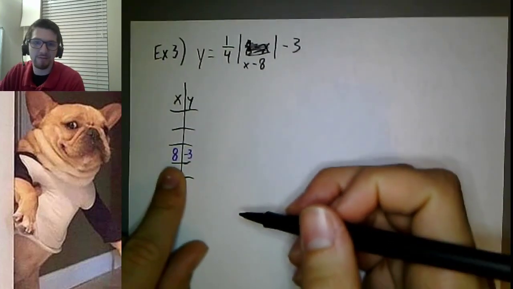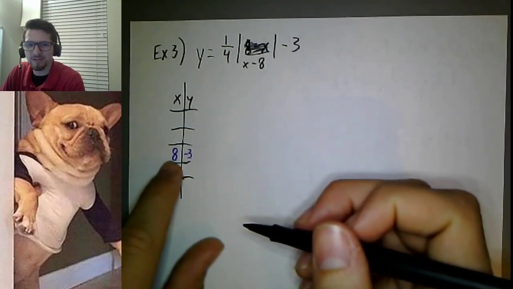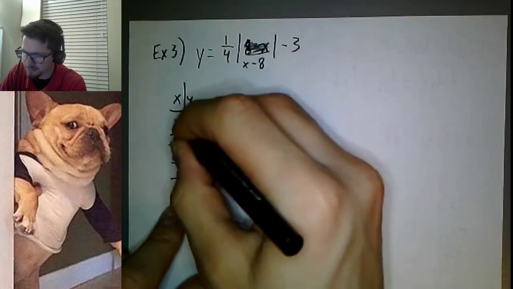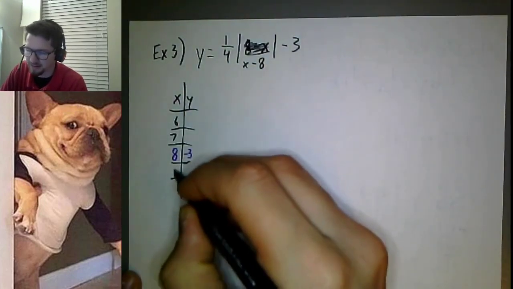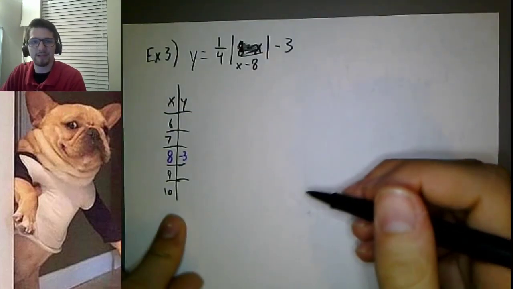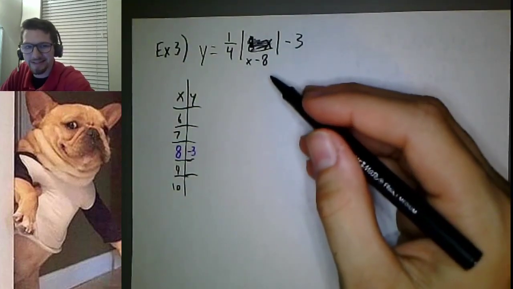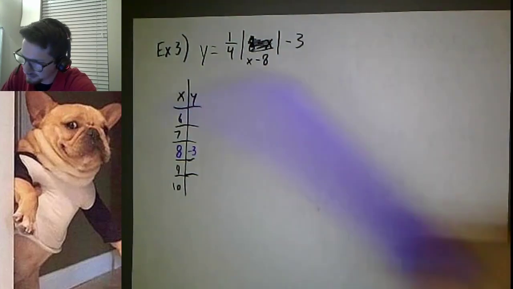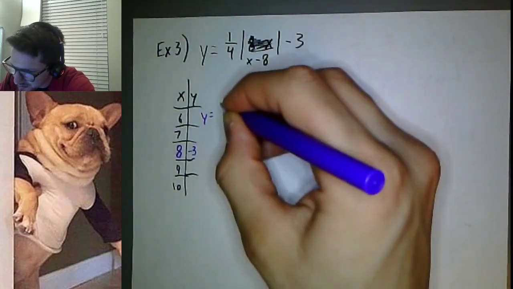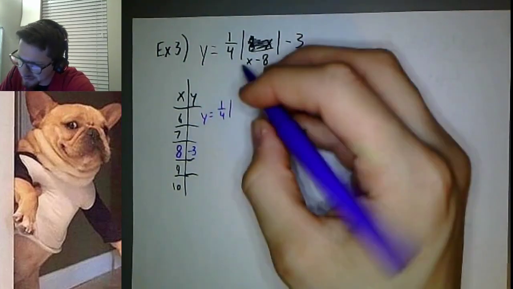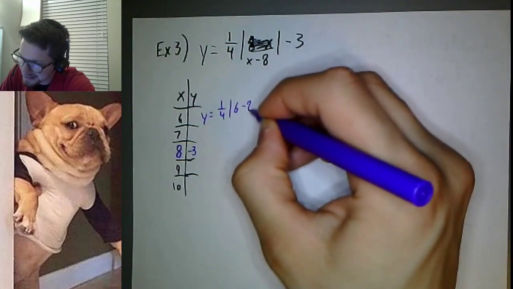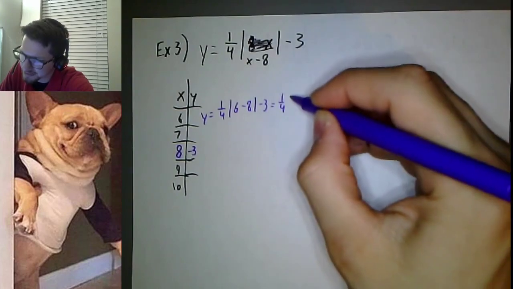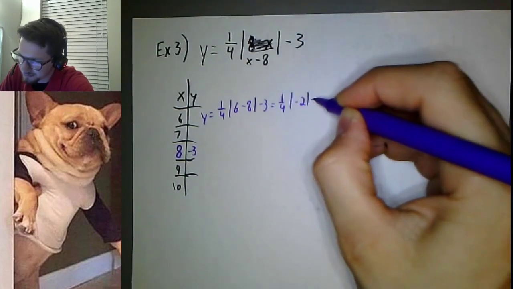From here, I go down 2. So 8, 7, 6. 8, 7, 6. Up to 8, 9, 10. Alrighty. So let's plug it into this absolute monstrosity. Y equals 1/4 times the absolute value of 6 minus 8, minus 3. 6 minus 8 is negative 2.